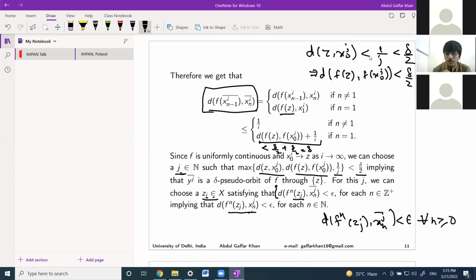So to arrive at the contradiction, we will see that yj can be epsilon traced. But we have already assumed that none of the yi delta pseudo orbits can be epsilon traced. So we will get a contradiction, and that can be epsilon traced with the same point zj that we have obtained by shadowing of z on the delta pseudo orbit yi bar yj.